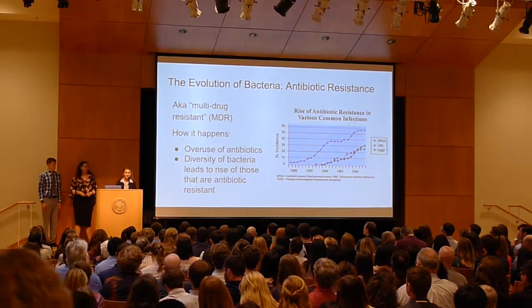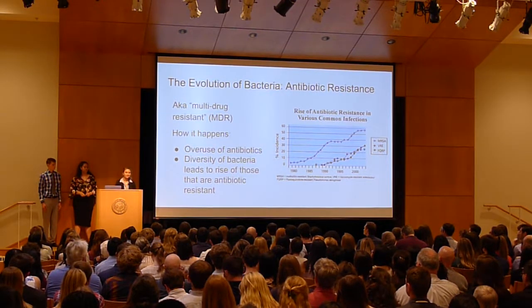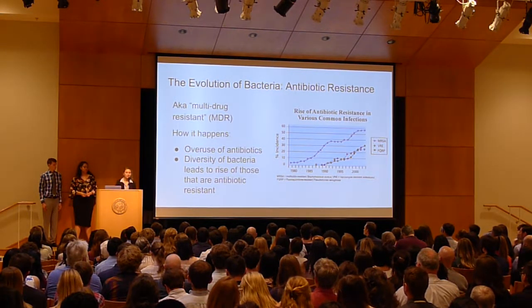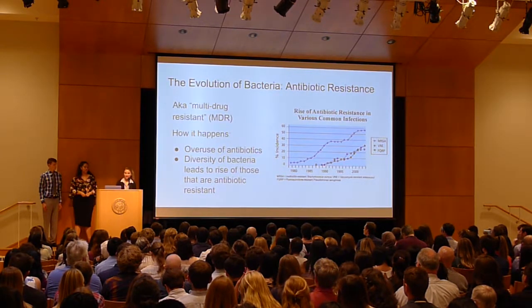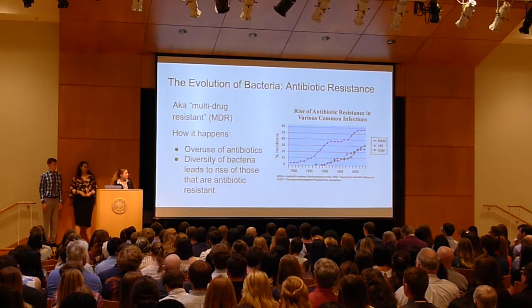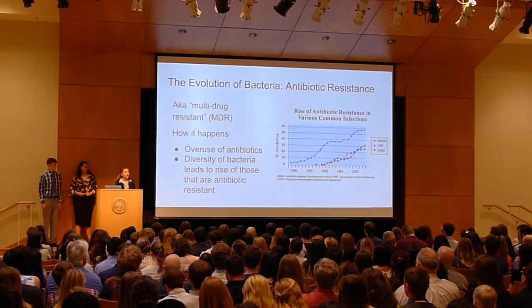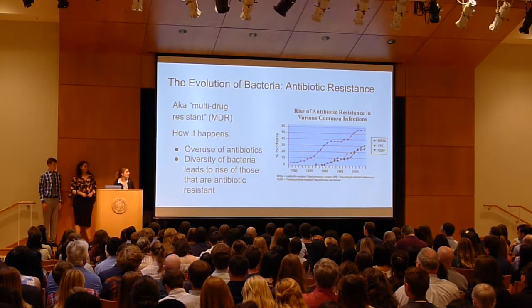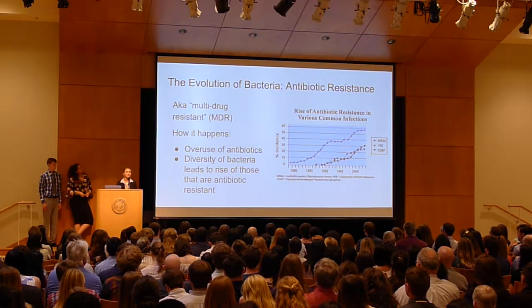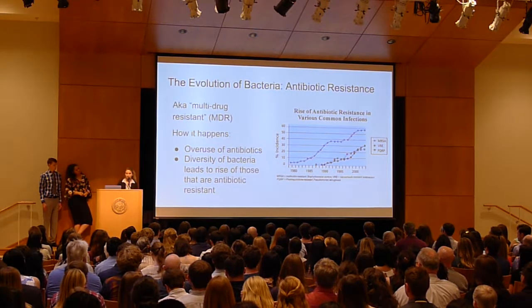So the ones that are dangerous and can cause infection in humans, those are the ones that are surviving and being more present in our world. So on this graph, these 3 lines are examples of infectious and dangerous pathogens to humans that have risen in their resistance to our current antibiotics, which is a huge problem.